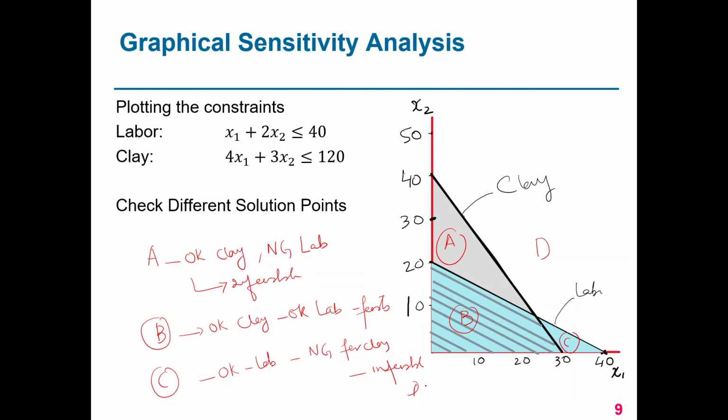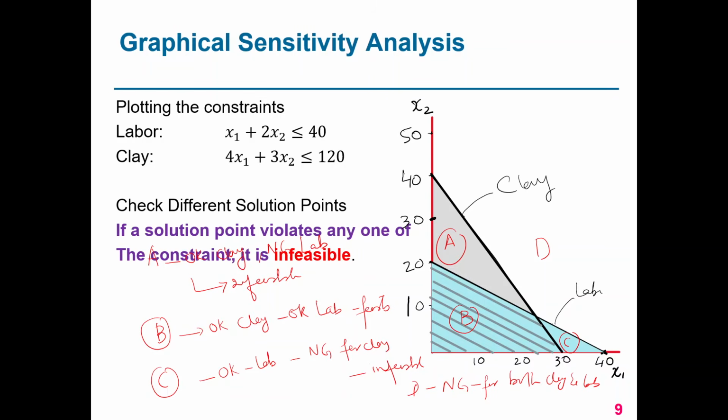Point D is NG for both clay and labor. So based on this discussion we can see that if a solution violates any of the constraints, it is infeasible.